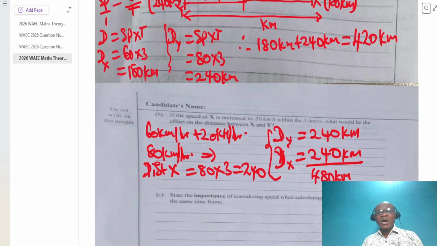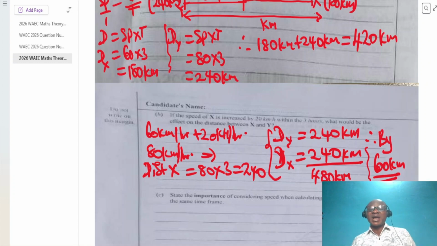Now, what has happened here? They say the effect on the distance between X and Y when X has increased by this. So the effect is that the distance has changed. There will be a change in distance by 60 kilometers.